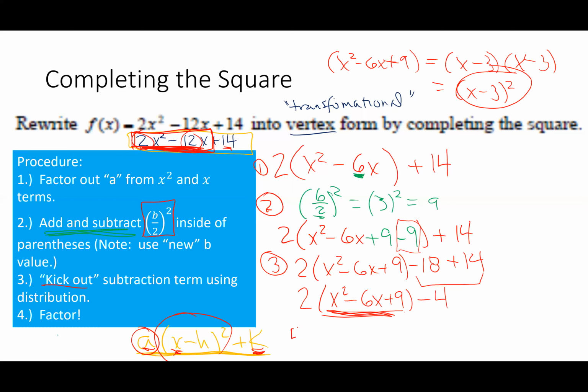So now we've got everything we need and more. We've done it. Okay, we've done our conversion. We see that our a value is 2, we see that our h value is 3, and our k value is -4. We used completing the square to do this.